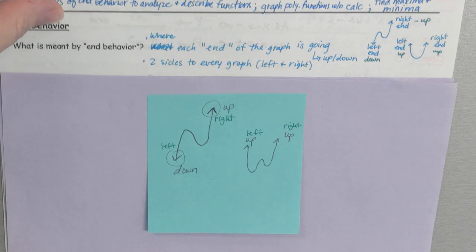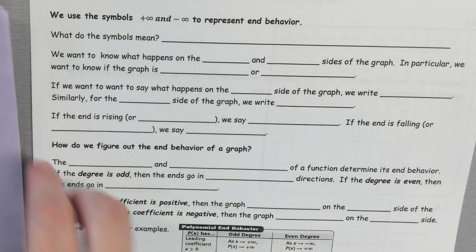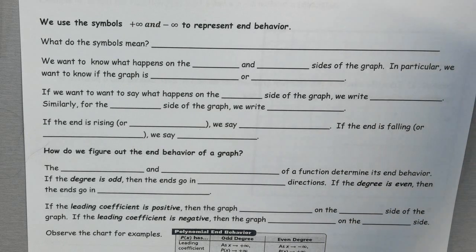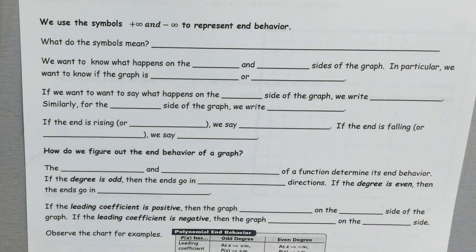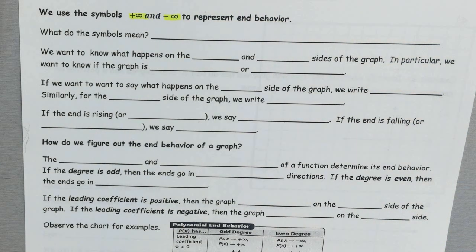Alright, so what we do is we are going to use positive infinity and negative infinity to represent the end behavior.